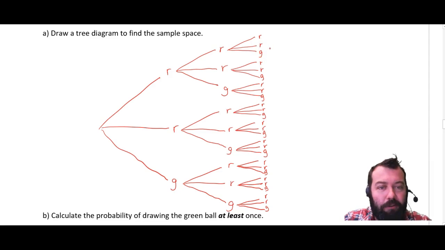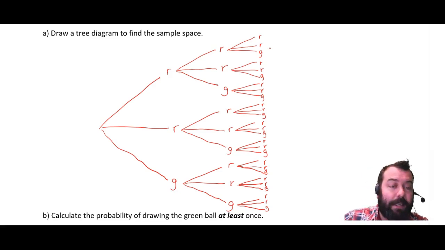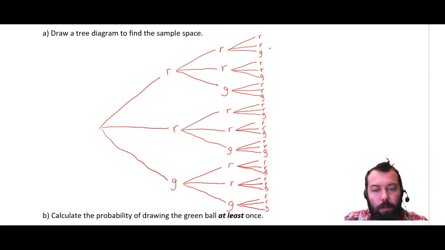If I count those up, I will see that there are 27 different outcomes in that sample space. That's 3 times 3 times 3 again. Now, what is the probability of drawing a green ball at least once?